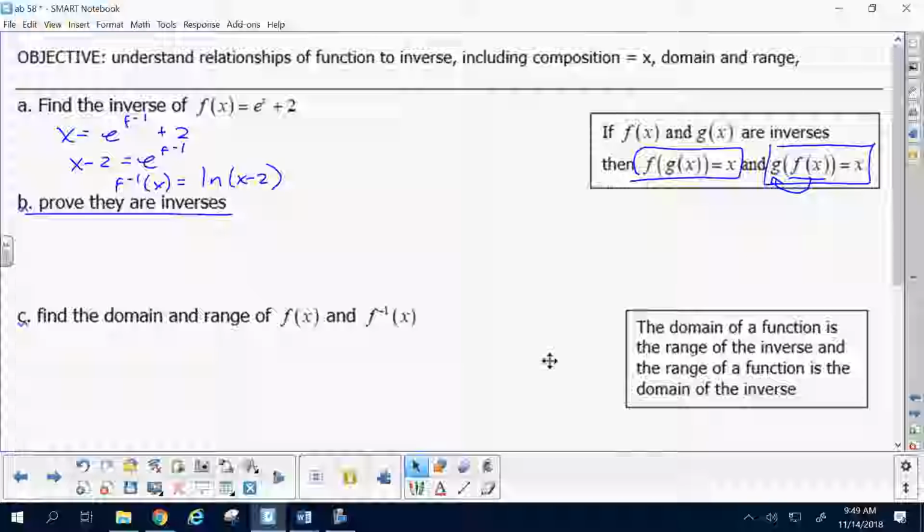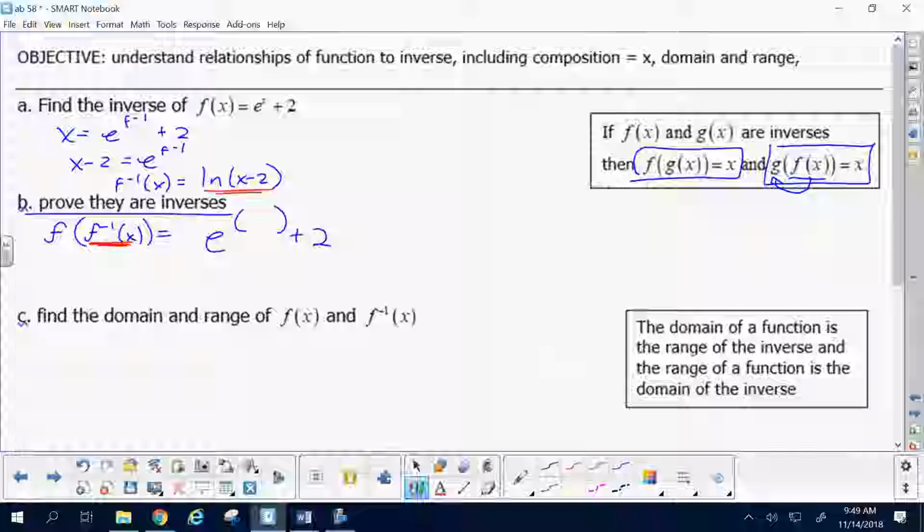So if I were to prove these are inverses, I could put f inverse into f, and hopefully they would knock each other out. Now f is the idea of e to the blank plus 2. And the inverse is log of x minus 2. So if I put the inverse into the function, that's what I would look at, yeah? And the first thing that would happen is the e and the natural log would knock each other out. I have x minus 2 plus 2, which is right back to the x you put in.